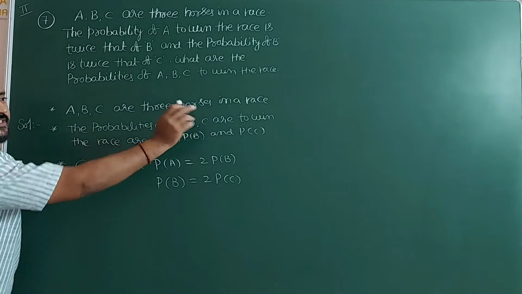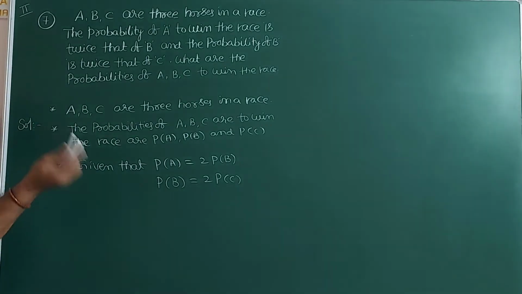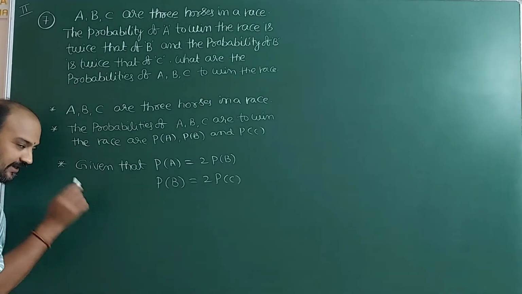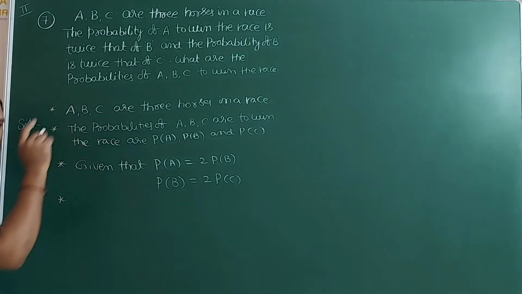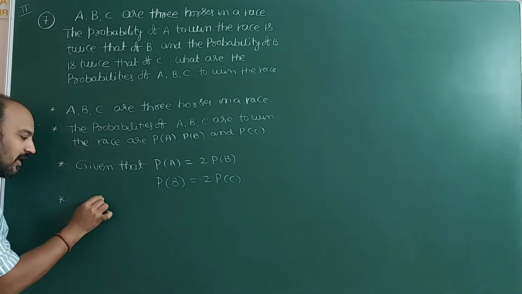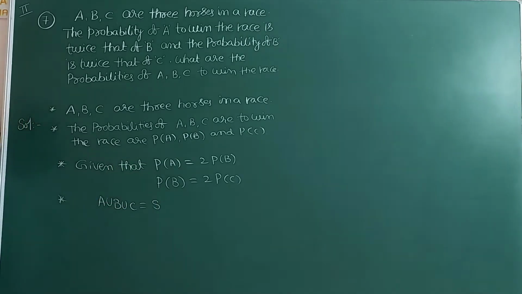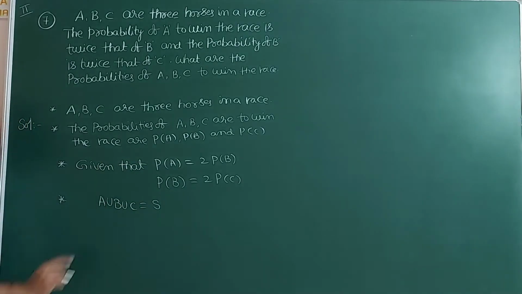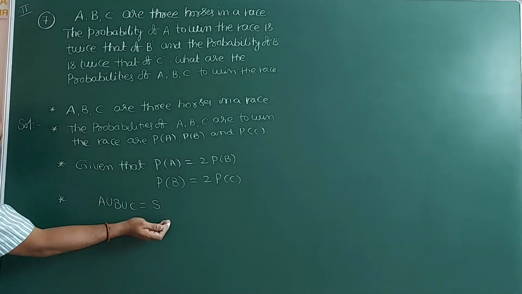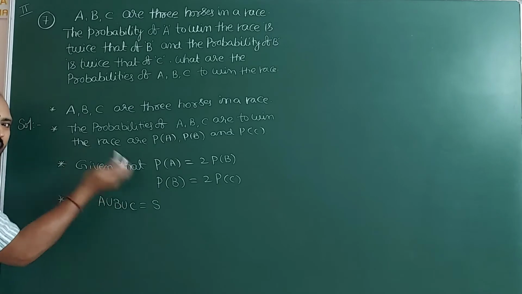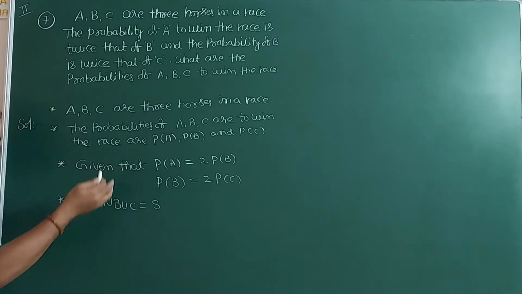A, B, C are the 3 events now. 3 events means 3 horses. So let S be the sample space, which is the race. A union B union C is equal to S. Why are you writing this, sir? In the sample space, that means in the race, A, B, C are 3 events, 3 horses which are participating in the race.